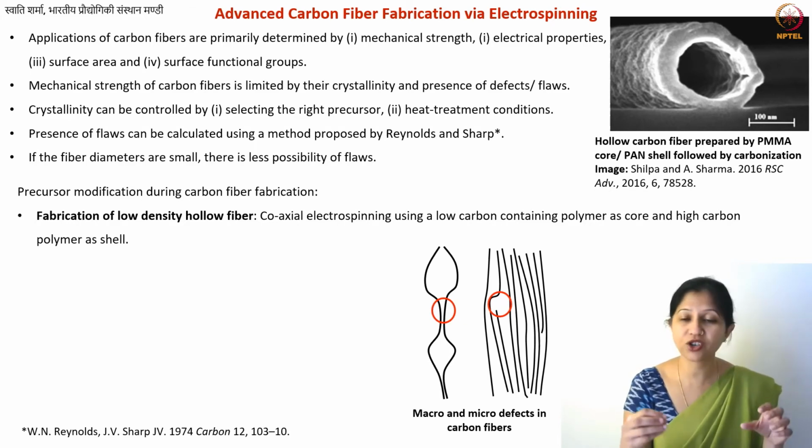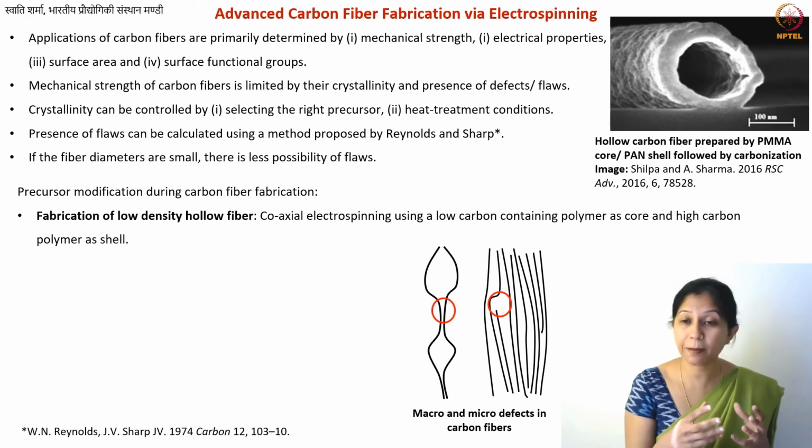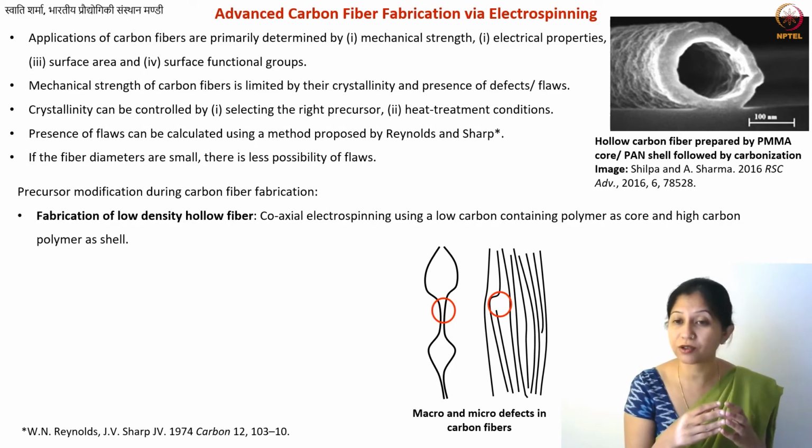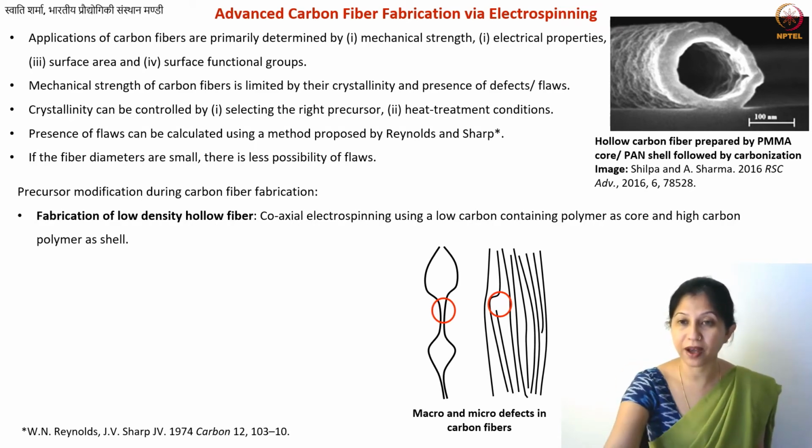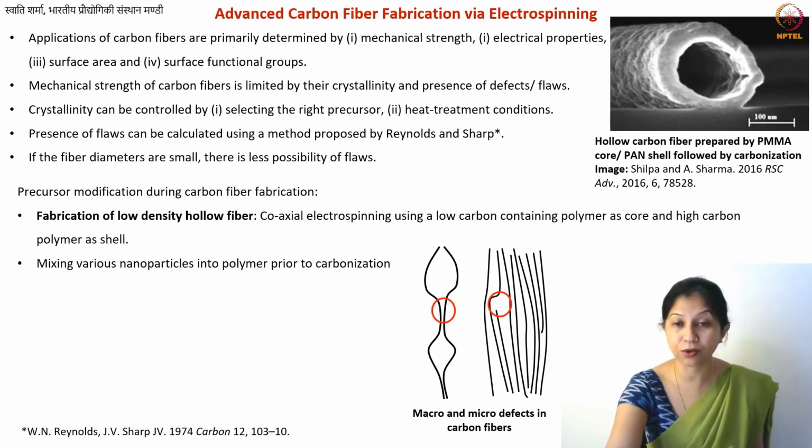Basically, you can trap a lot of things inside these hollow cylindrical structures. You can also use these structures for supercapacitor electrodes, for battery electrodes, for any application where you require a high surface area. Now you open up so much more surface area in the case of these kind of fibers. So this is one thing that you can do with carbon fibers.